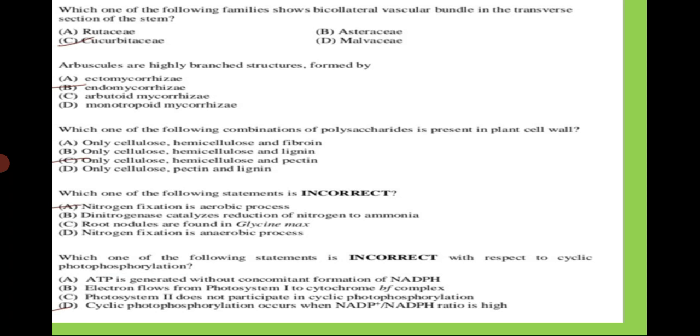Statement C: Photosystem second does not participate in cyclic photophosphorylation. It is also a correct statement. In cyclic photophosphorylation, there is no involvement of photosystem second. Statement D: Cyclic photophosphorylation occurs when the NADP to NADPH ratio is high. There is no question of NADP, no matter for NADP presence or absence. So option D is the incorrect statement for this question.